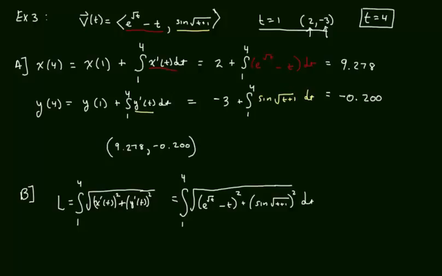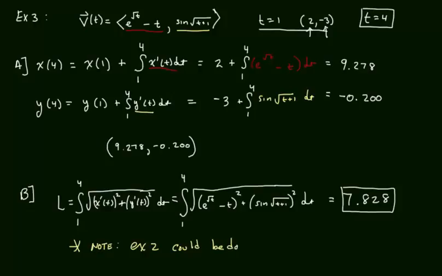Oops, I forgot my dt over here. Compute that in the calculator and we get 7.828. That is the distance traveled by the particle from 1 to 4. I would also like to note that example 2 could be done this way also.